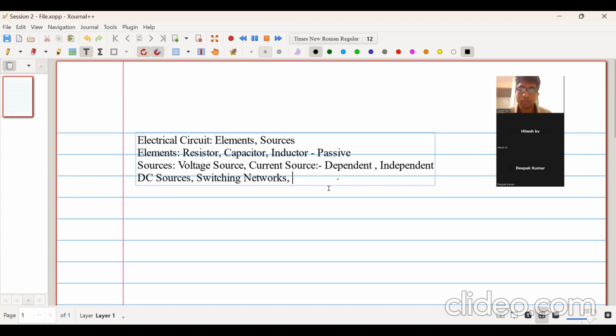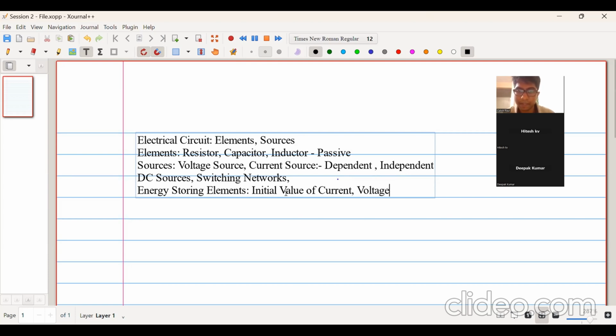As we know, the capacitor and inductor are energy storing elements. So there is a concept of the initial value of current for an inductor, and the initial value of voltage for a capacitor.